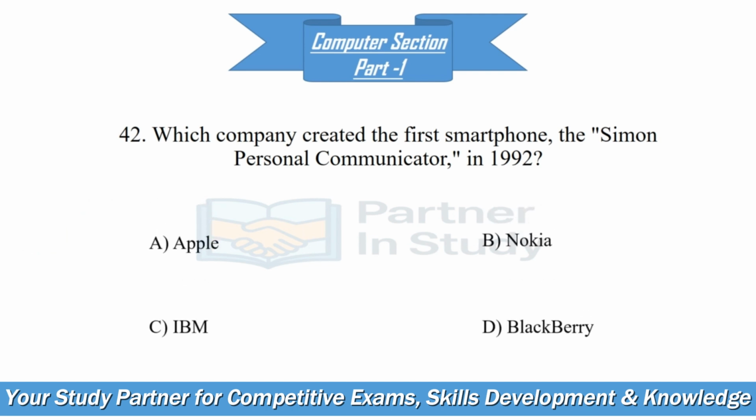Which company created the first smartphone, the Simon Personal Communicator, in 1992? The right answer is option C, IBM.